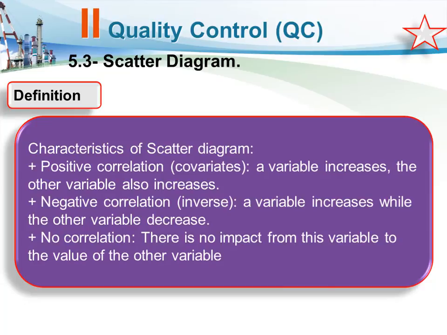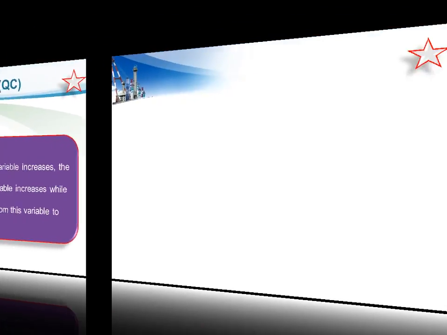Characteristics of scatter diagram include positive correlation, where a variable increases, the other variable also increases. Negative correlation, inverse, where a variable increases while the other variable decreases. No correlation, where there is no impact from this variable on the value of the other variable.